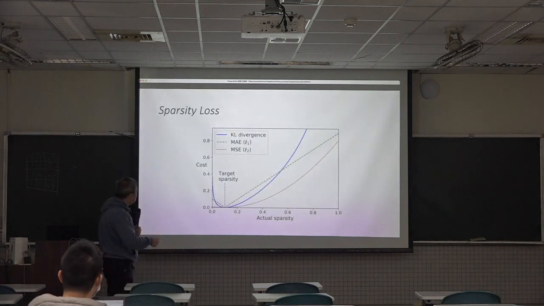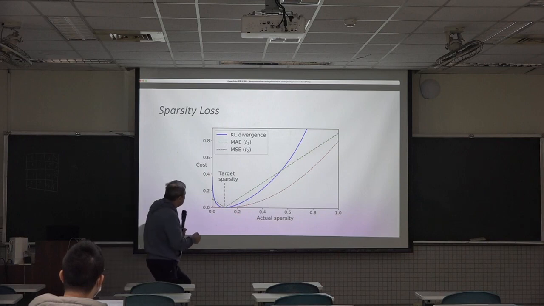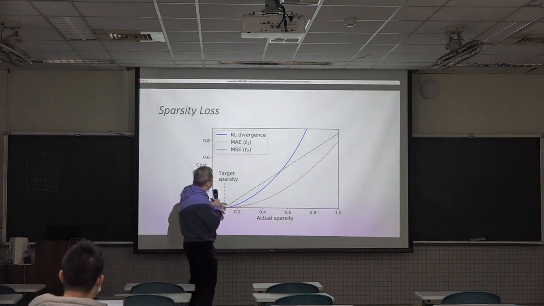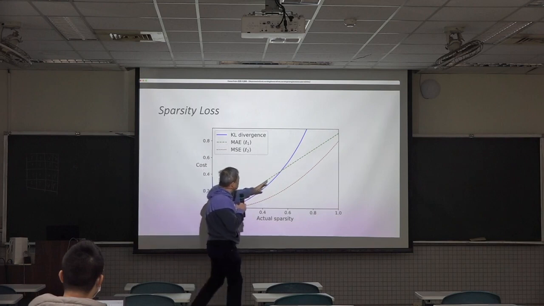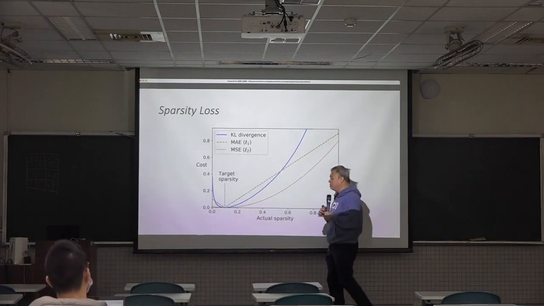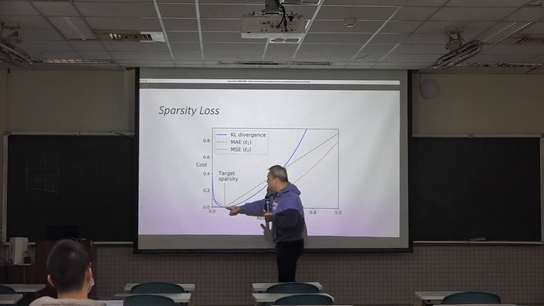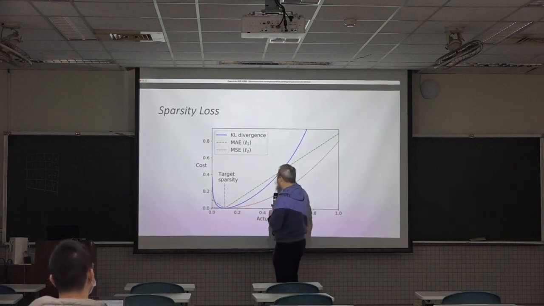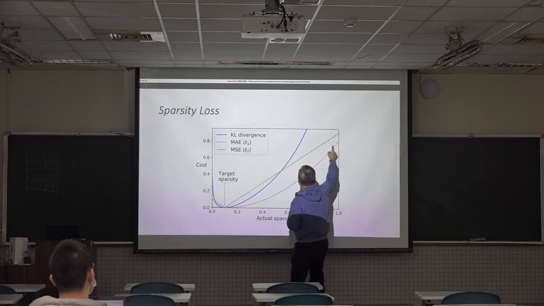Here, just to show you what the KL divergence value looks like. MAE is the mean absolute error, which is just linear. MSE is the squared error, this red line.